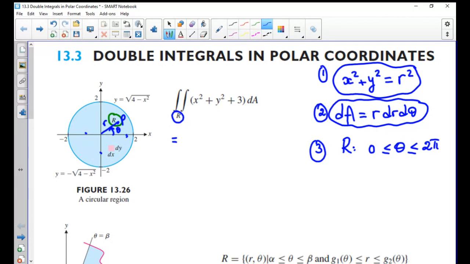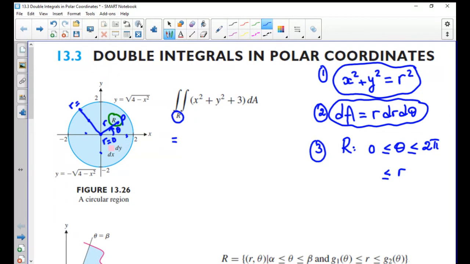How about the r? If you take a point, for example, 0, 0, which is the center, what is r there? 0. And then maybe you take a point here, the r will be 1. So basically, to cover the full circle, r should go from 0 to not infinity.